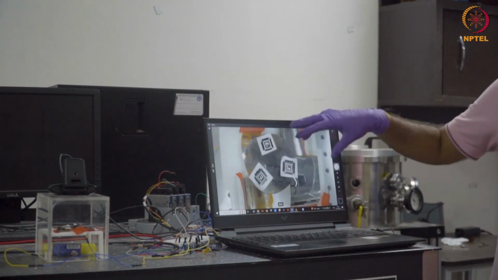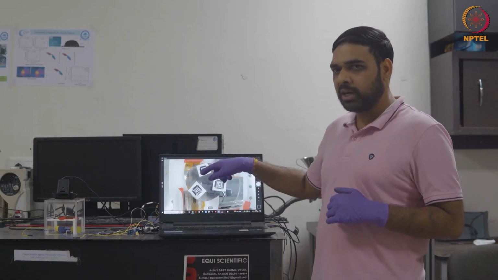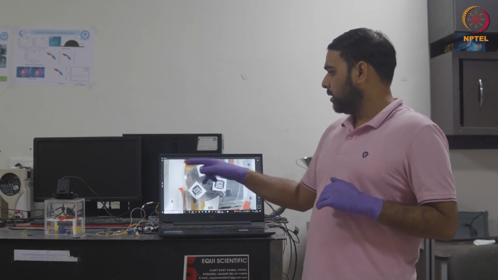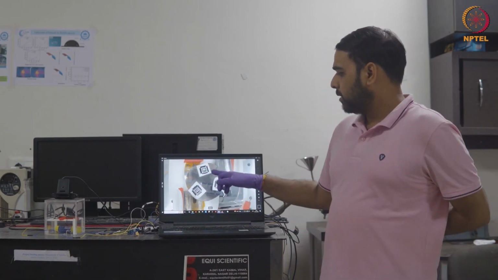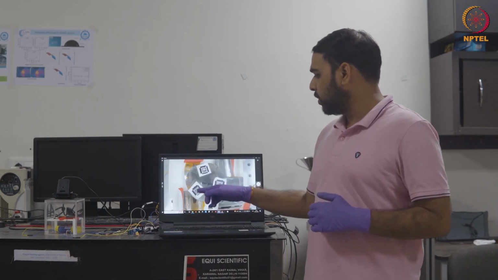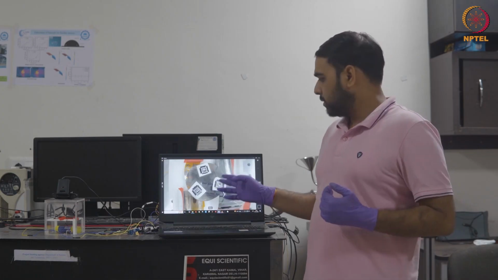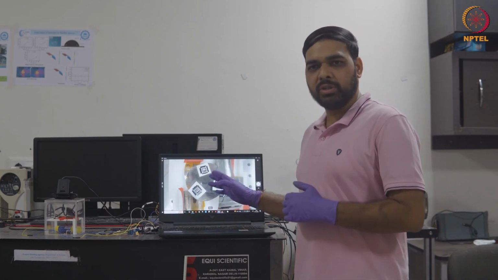That camera continuously monitors the position of the ArUco markers. So initially our mirror is at the horizontal position, and in that position the camera takes the positions of these three ArUco markers and generates the equation of a plane which corresponds to the horizontal position of the mirror.